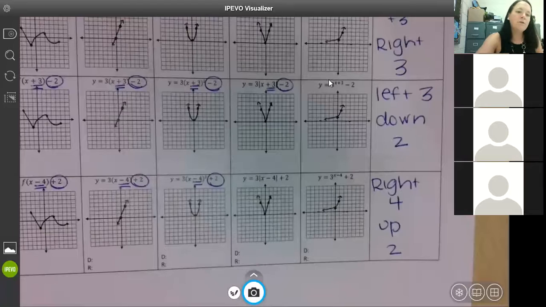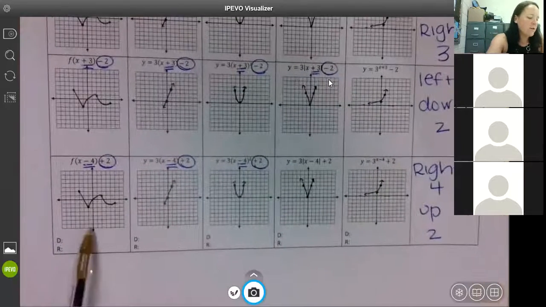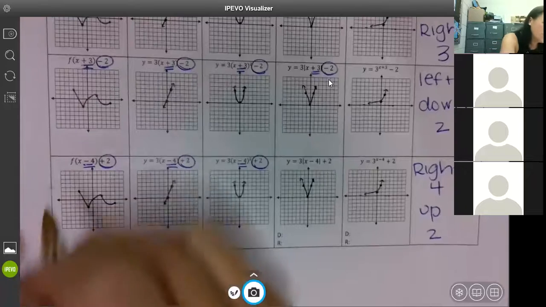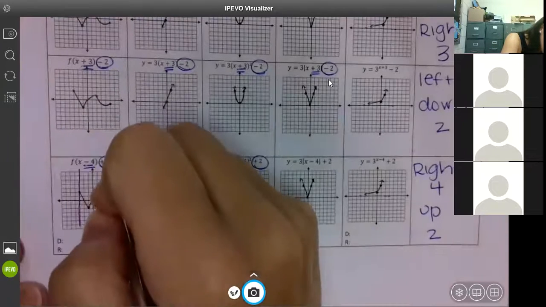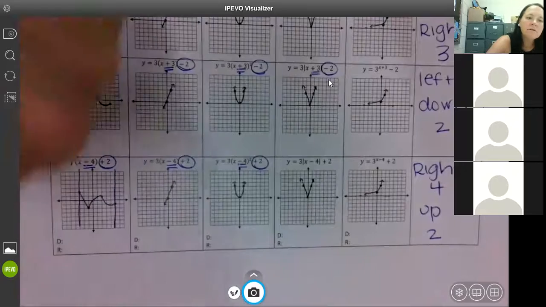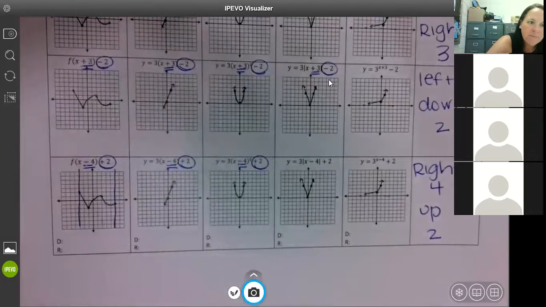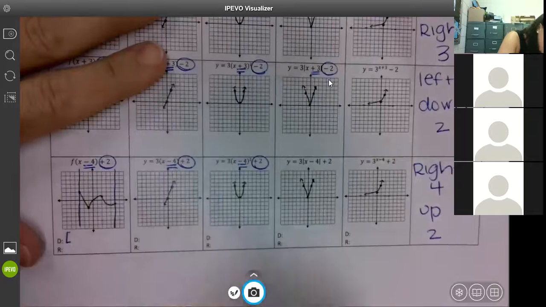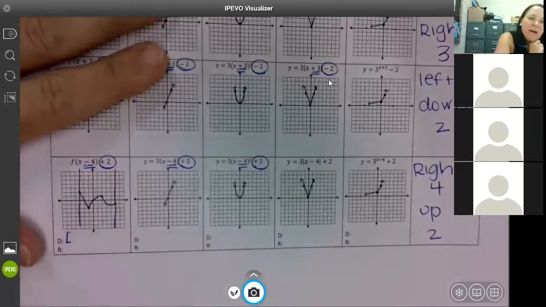Get your domain and range. Look at this very first one. What's your domain? How far to the left? How far to the right? So here's your leftmost point. There are no arrows, there are no holes, so we should use brackets. What's your leftmost point? -3.